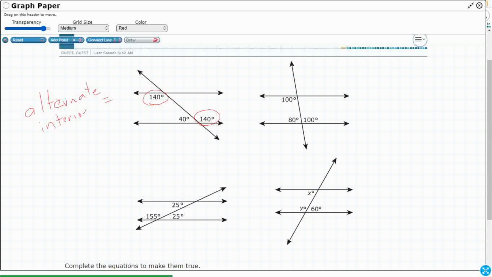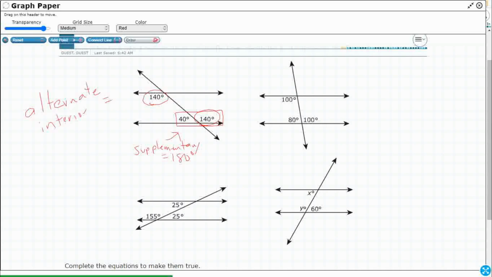You also see that, and this is something we've known for several years now, what we called supplementary angles, right? Supplementary angles are two angles, since that is a parallel line and it's just cut by that one line, that equals 180. So if we've got supplementary angles, that equals 180 if they're on either side of that parallel line.